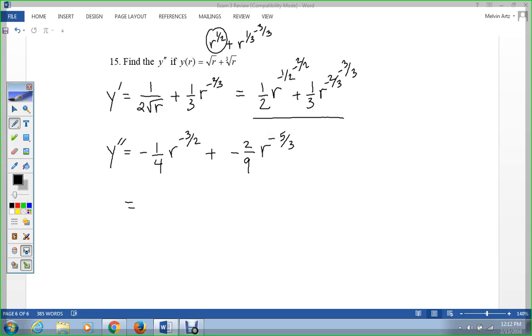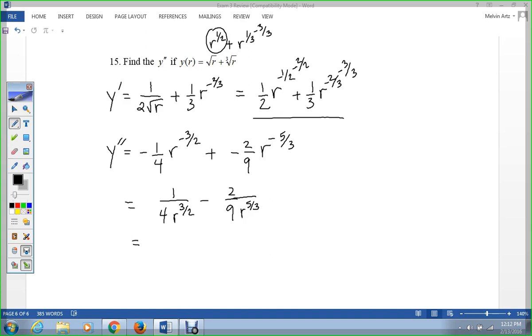So our y double prime, if we rewrote it back in, I'm going to put it in rational exponents first, and then we'll rewrite it. So we'd have r to the 5/3.